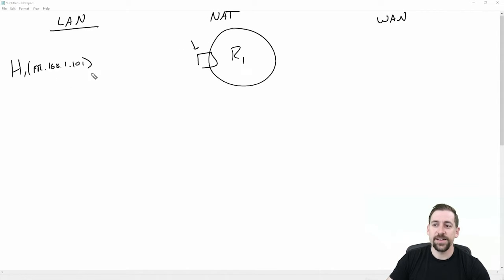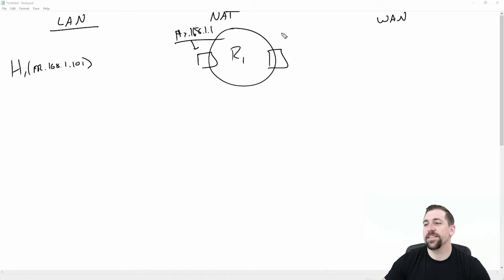That's the default gateway. So 192.168.1.1 is this interface address. And then this interface here is the globally facing interface. So it's been given an IP address from the ISP. And this is 204.4.14.81.